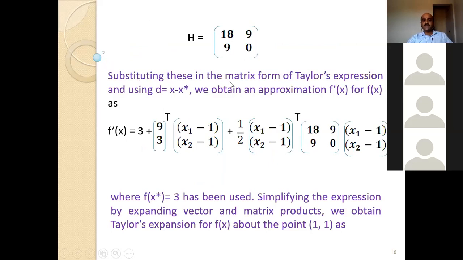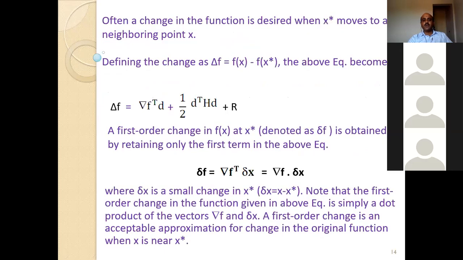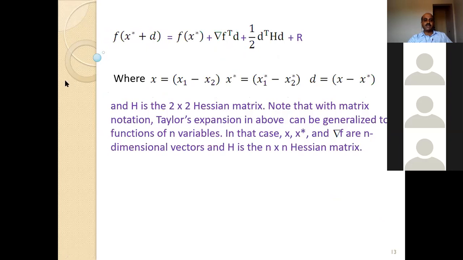Now substituting these in the matrix form of Taylor's expression using d is equal to x minus x star, we obtain the approximation for f dash x for f of x as this. This is what they have substituted now. So how did we get this expression? I will go back to the expression for the Taylor's expansion here. Look at this expression. f of x star, what are you going to get?